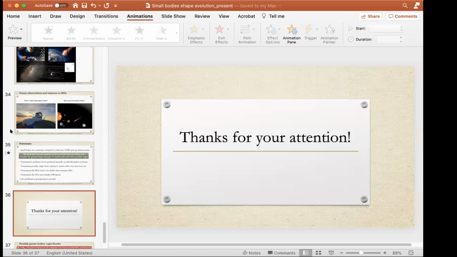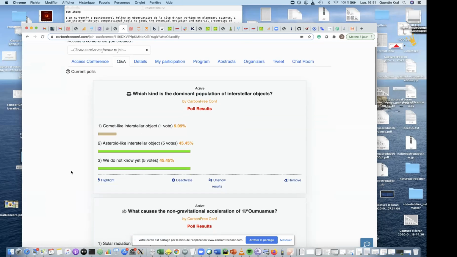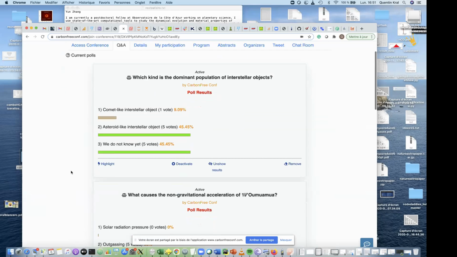Yeah, I can do that if you want. Okay. Just bear with me a second. Share screen. Right, can you all see my screen? Yeah, perfect. So these are the results.